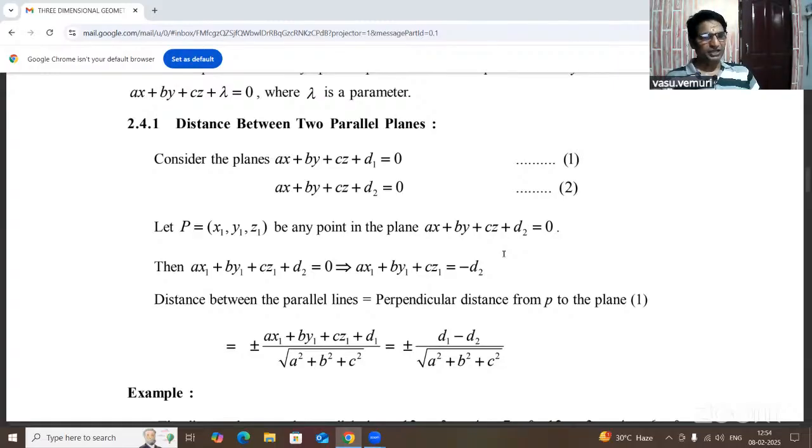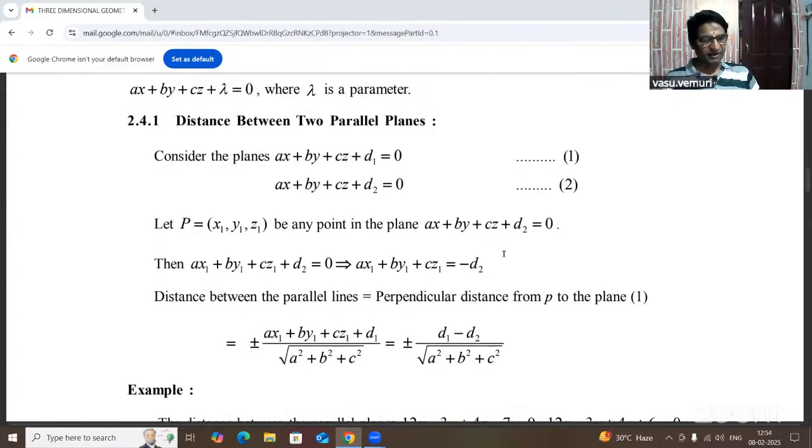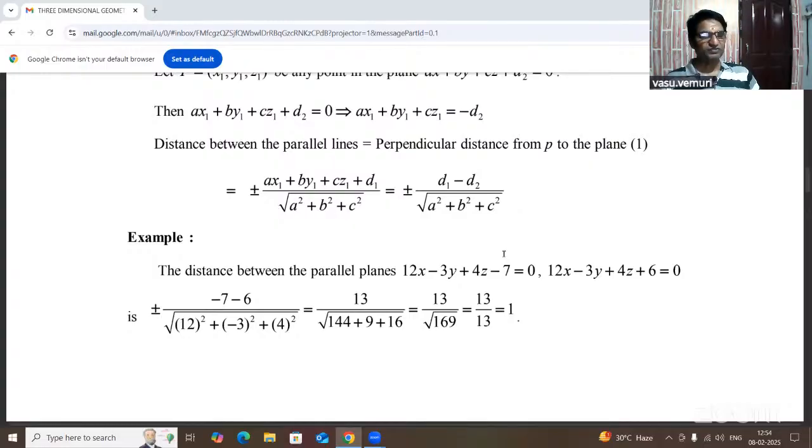That's why we get modulus of d1 minus d2. After removing the modulus, we simply get plus or minus d1 minus d2 by root of A square plus B square plus C square. So this is the distance between the parallel planes: modulus of d1 minus d2 over root of A square plus B square plus C square.